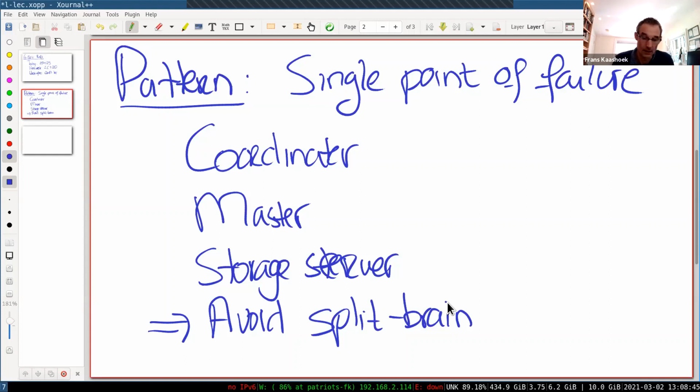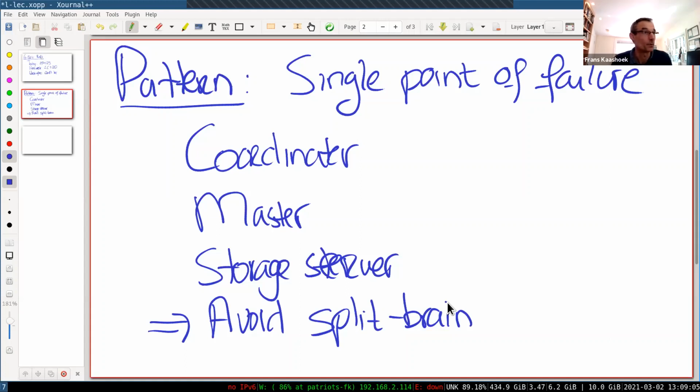Because if the storage server or the master goes down, hopefully it's only a single machine, so the chance that it's going down is smaller than any one of the chunk servers, and probably there's somebody ready to be beeped in the case that the master goes down, comes back up, and can make sure there's only one master online. So in many circumstances that's perfectly fine. That will lead maybe to a very short downtime.